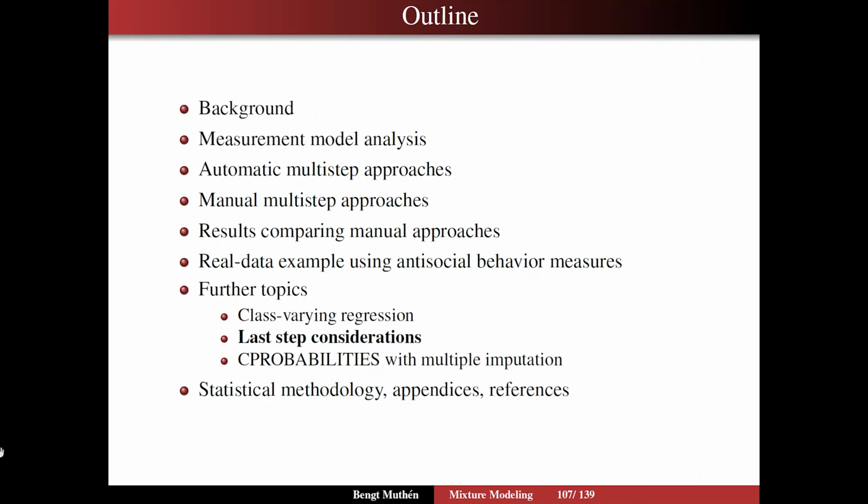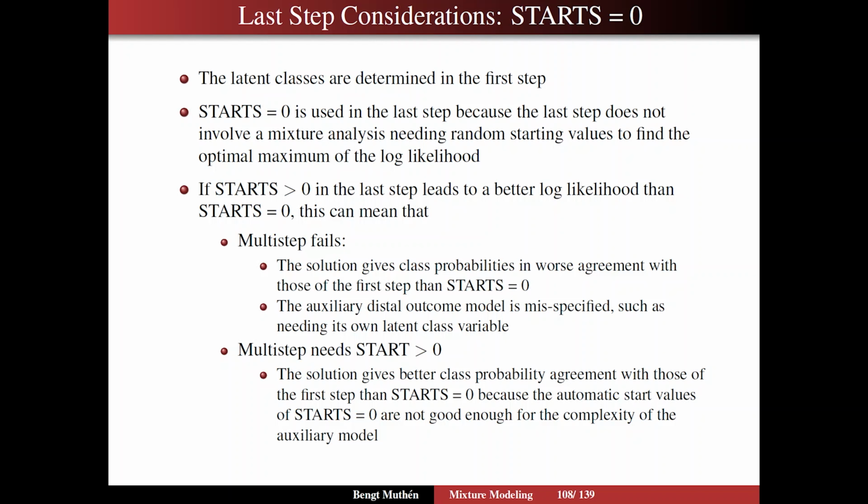Continuing on slide 107, in the further topics area, we're going to take a look at some considerations relevant to the last step of the multi-step approach. So first, let's consider this issue of starts equals 0 for the last step.